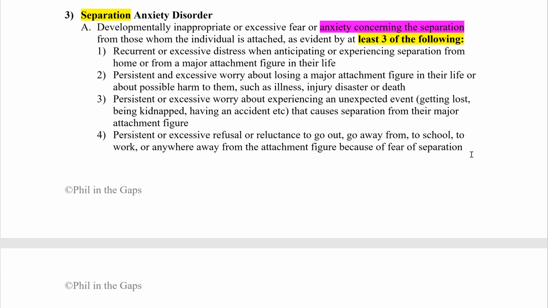So they have excessive worry they're going to be removed from it. They have persistent or excessive worry something bad's going to happen to their attachment figure, or they have persistent or excessive worry that something's going to happen to them. They have persistent or excessive refusal or reluctance to go out, go away from, to school, work, or any place from their major attachment figure because of fear of something happening to them or the attachment figure.